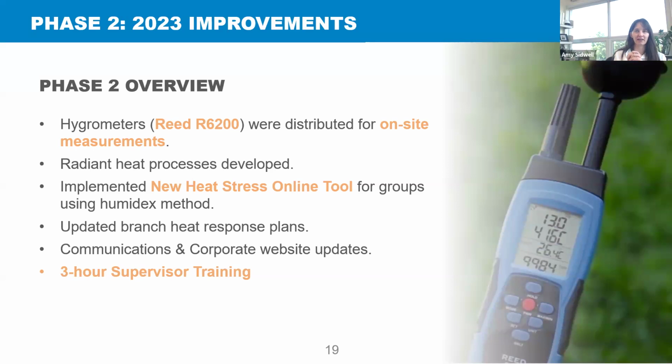And we also developed a new heat stress online tool using the humidex method. I'll show you a little bit more about that in a couple of slides. And we updated our plans and did some communications to our staff and through our website. And then we also did training with all of our supervisors to show them how to use the temperature devices and how to use the online tool, so that they were prepared for the summer season.